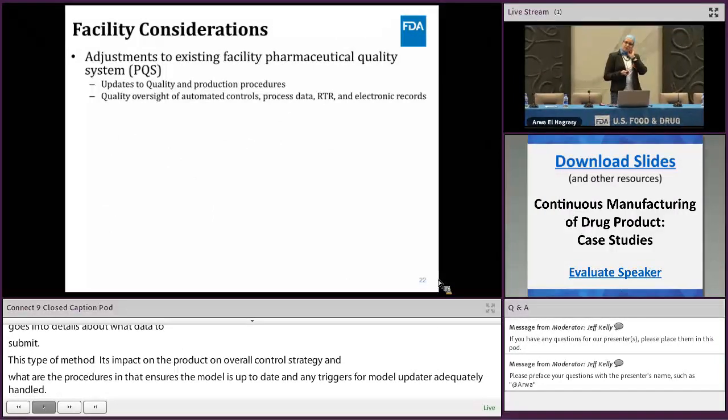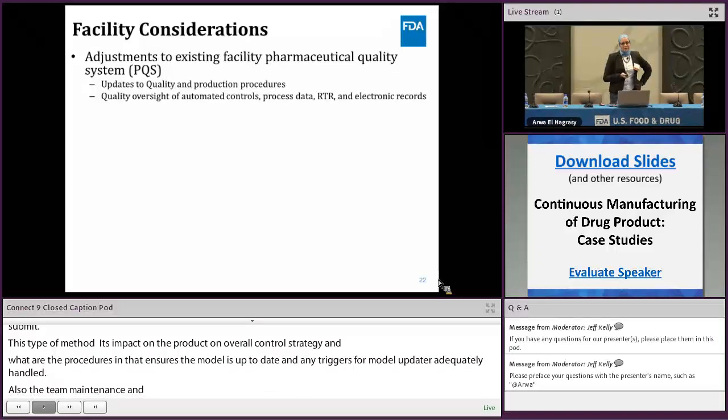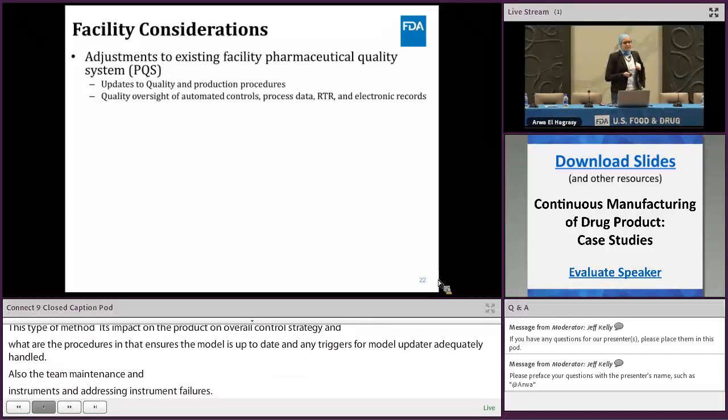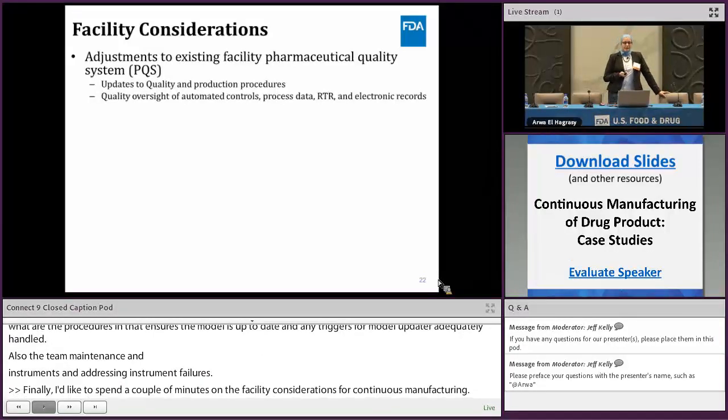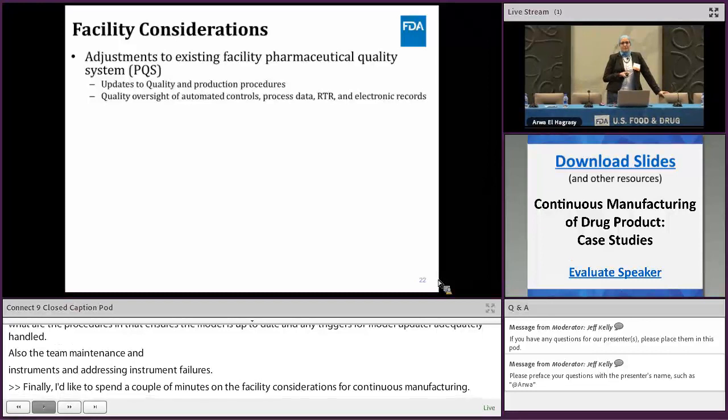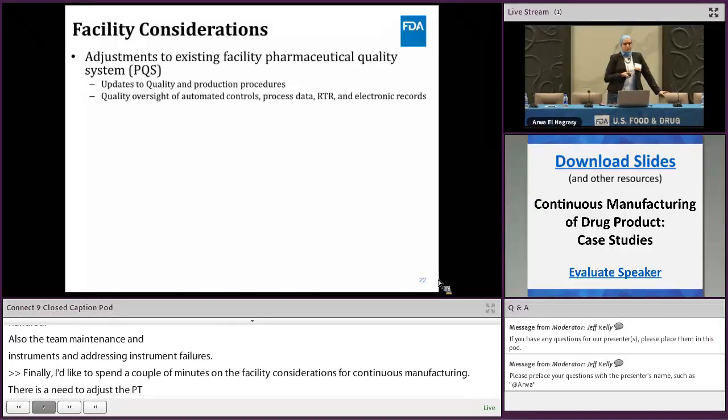Finally, I'd like just to spend a couple minutes on the facility considerations for continuous manufacturing. There is a need for adjustments to the existing pharmaceutical quality system because of the nature of continuous manufacturing, and so updates to the quality and production procedures are important.